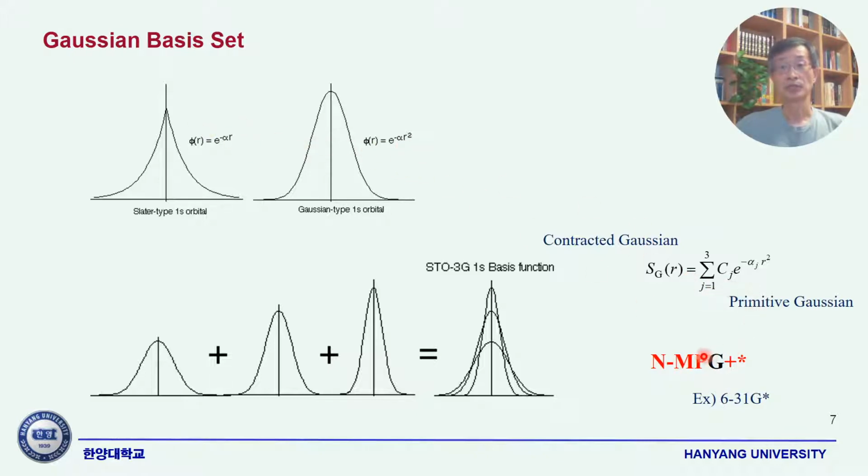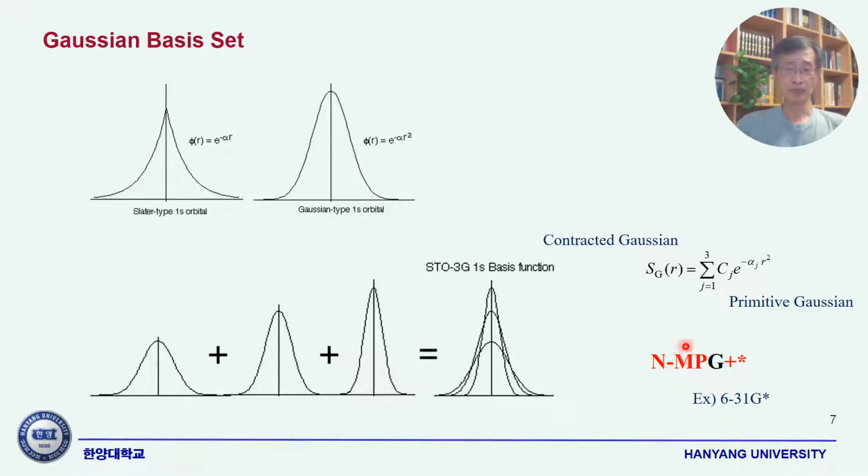So in this case, this is for valence electrons. Valence electrons have 3 primitive Gaussians, with one higher, large exponent and one low exponent.